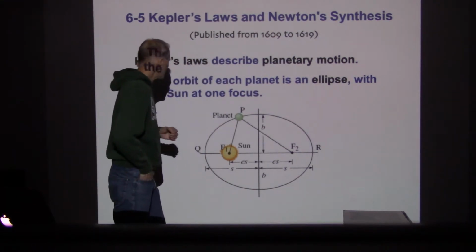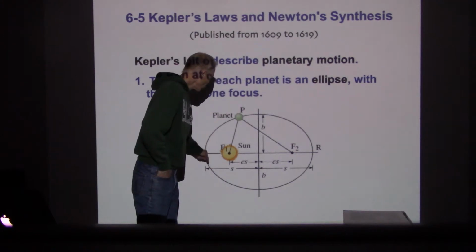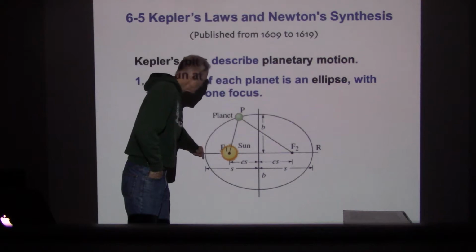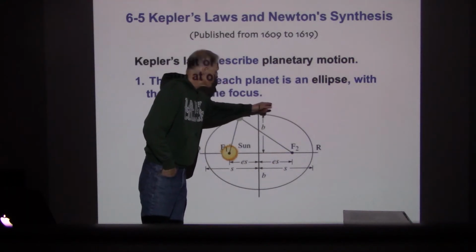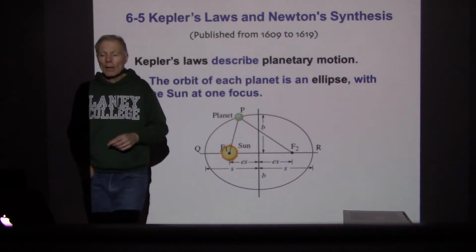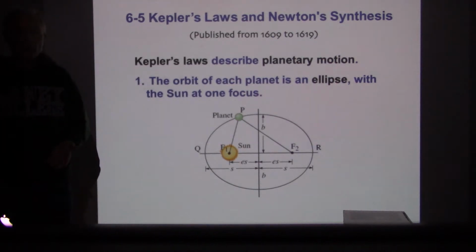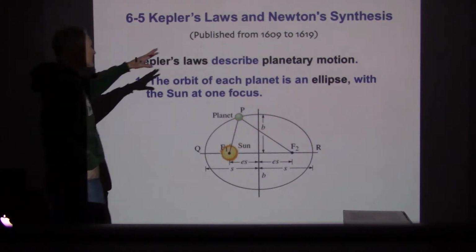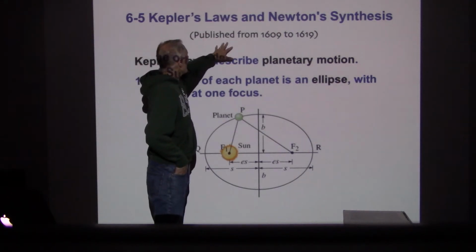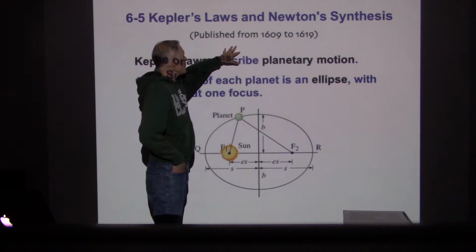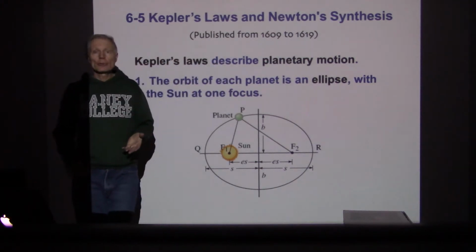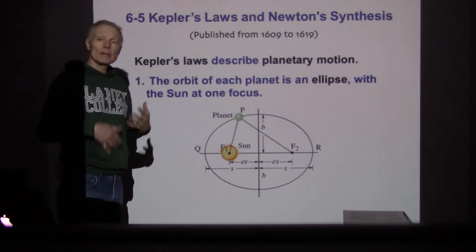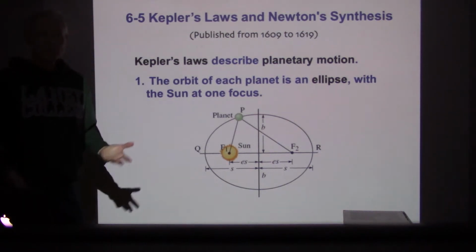For each of these, as the planet is orbiting the sun, it actually travels a little faster when it's near the sun, and not quite so fast when it's farther away. And that was another thing that Kepler was able to determine. Now, I put some years in here. Kepler had a series of publications describing his conclusions for how planetary motion worked, and we view these to be pretty reliable.